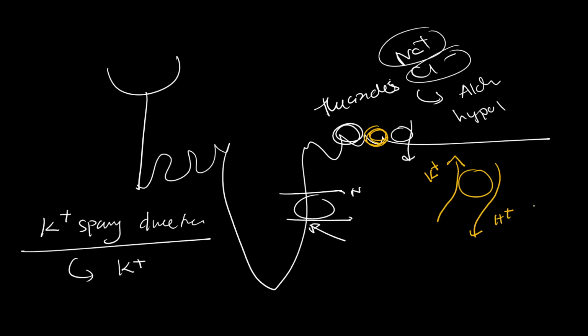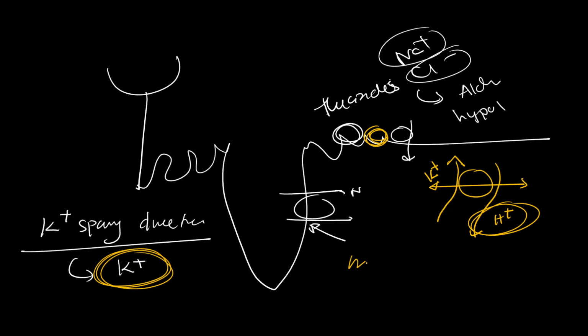Now the thing is, because of the potassium sparing diuretics, the potassium level is good. Potassium level is more or less normal. Therefore, this protein channel does not need to be much active. Hence, the H plus loss is somewhat reduced, because there's a good potassium content. The potassium reabsorption is somewhat reduced, and hence the H plus secretion is somewhat reduced as well.